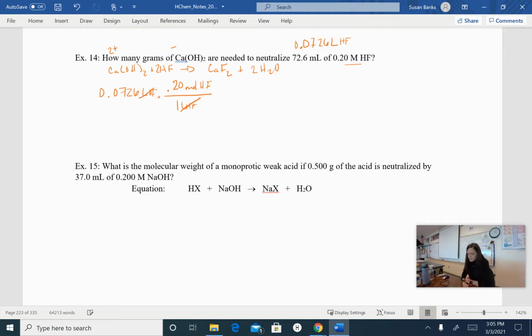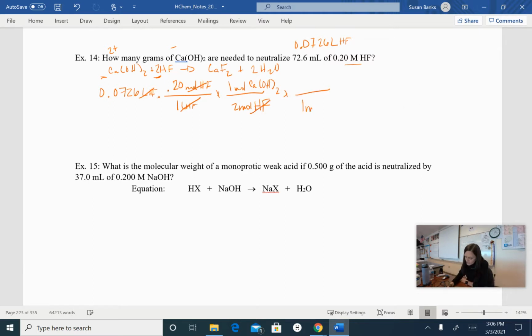So my liters of hydrofluoric acid solution cancel out. I have moles, and now I need to look at my relationship. So I have 2 moles of hydrofluoric acid reacting with 1 mole of calcium hydroxide. Okay, so my moles of hydrofluoric acid cancel out.